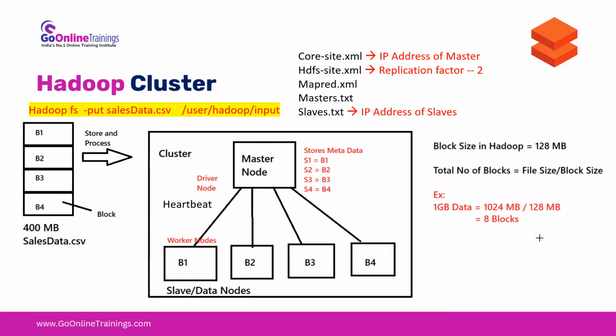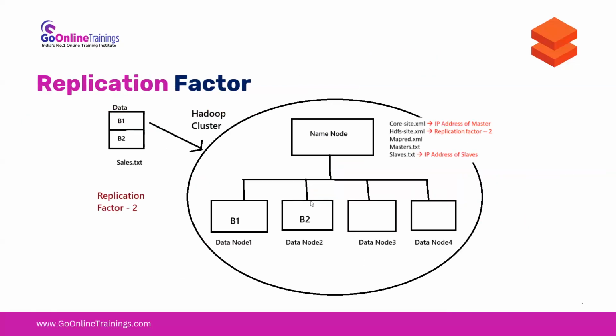The second case I'm going to be explaining now. So about the heartbeat, you need to know, the master node will not store any data. Only the worker node or slave node, the data node, will have data. But now the question: if something goes wrong, what will happen? Let us understand. I have taken a sales.txt file, so I have block 1 and block 2.